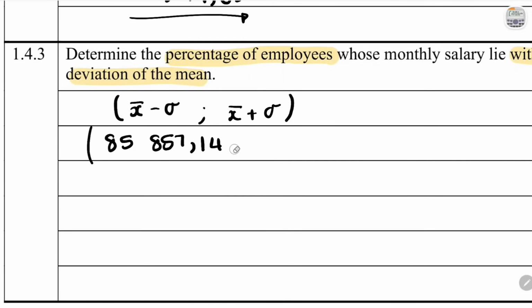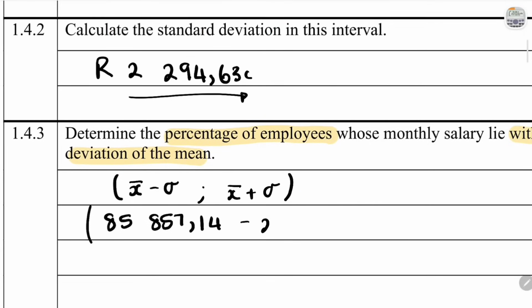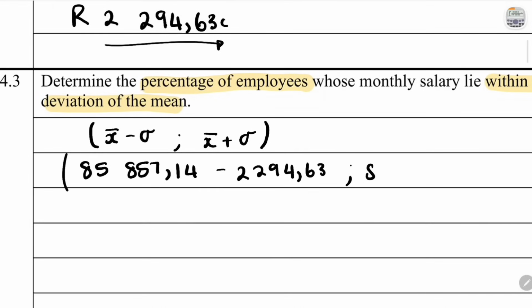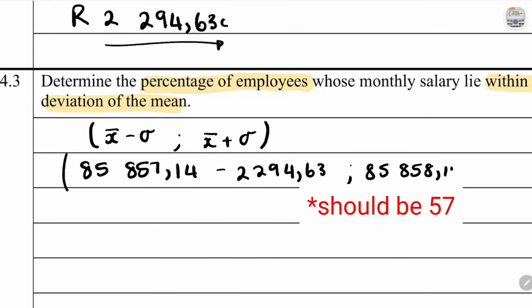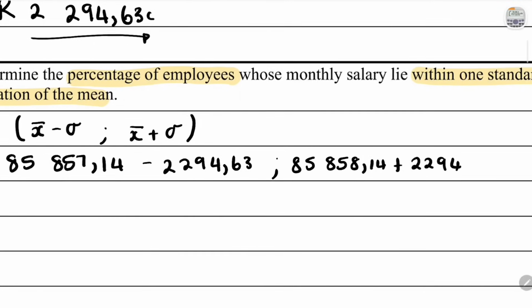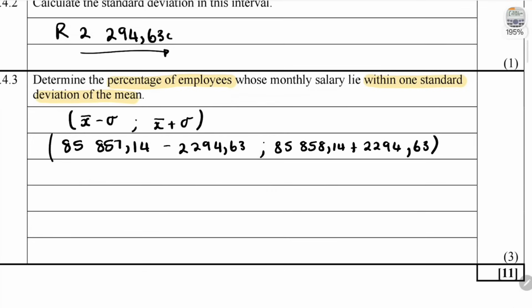Okay, so it's this 85,000 minus 2,294.63. And then here we'll just say 85,858.14 plus 2,294.63. And we can still do normal calculations on the calculator in this setting.